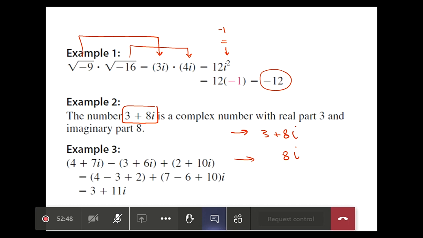What's the value of the real part in the second? Real part is real without i. Real part equals 0. And the imaginary part equals 8.